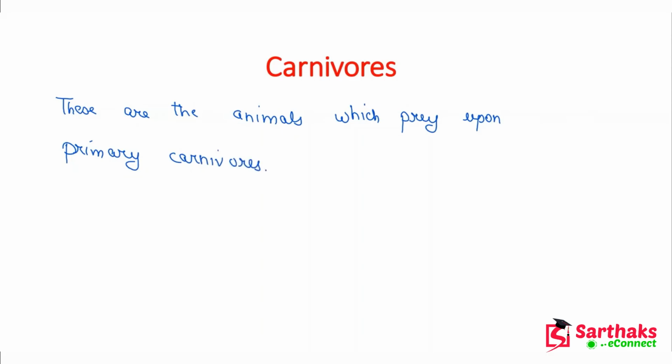And the primary carnivores are the herbivores, so they are called second order consumers. Because they prey upon the herbivores, that's why they are called second order consumers.